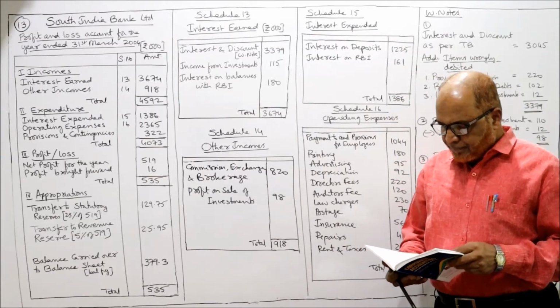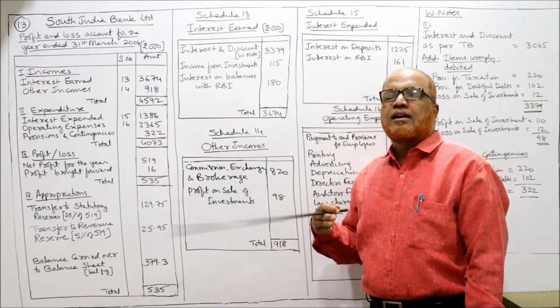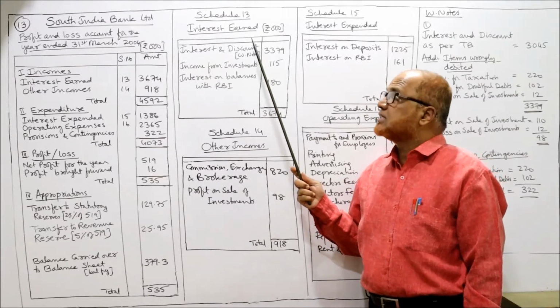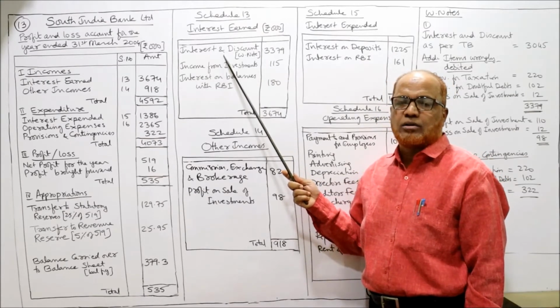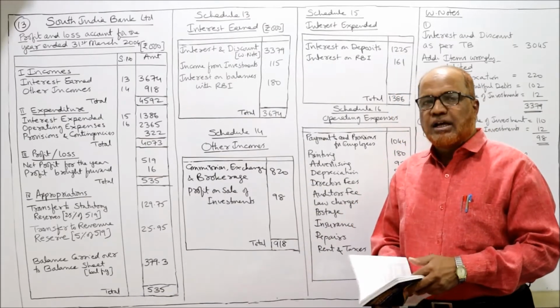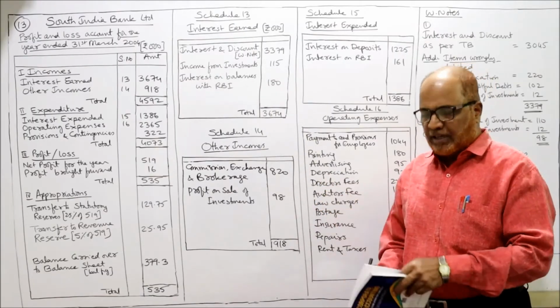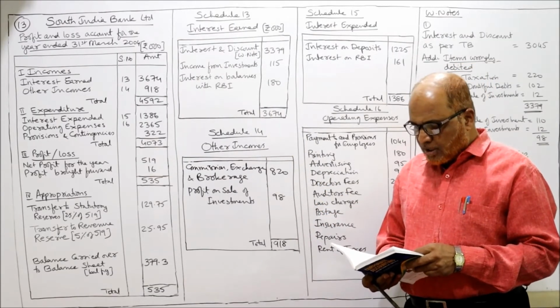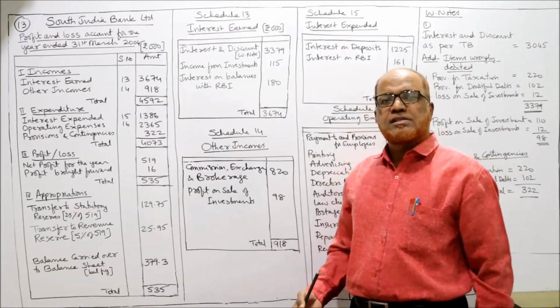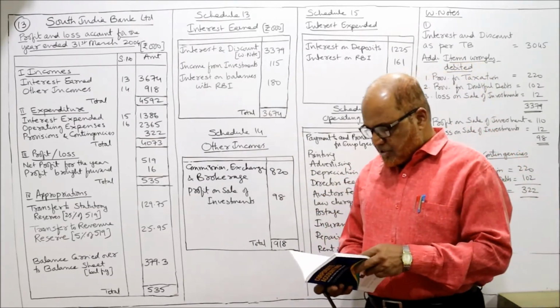Then interest and discount. Interest and discount will be taken in schedule number 13. Interest earned, interest and discount. We'll see what adjustments there are on this. Income from investment, again 13th schedule, income from investment 115. Then interest on balances with RBI, same 13th schedule, interest earned.